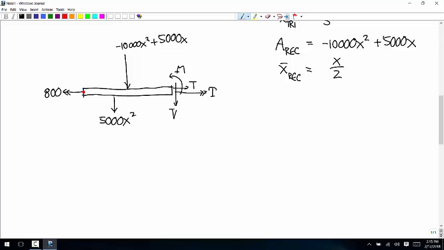Okay, so Newton's second law says 0, negative 5,000 x squared plus 0, and now, okay, so this can easily confuse you. But this is a positive value, right?